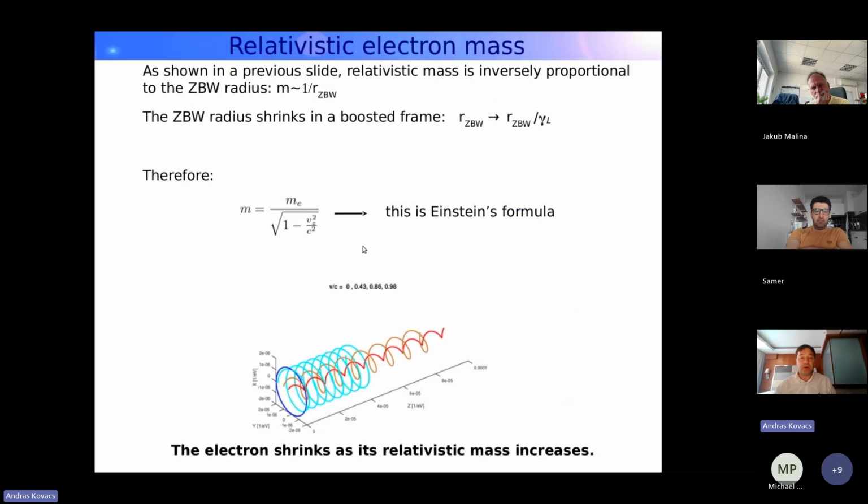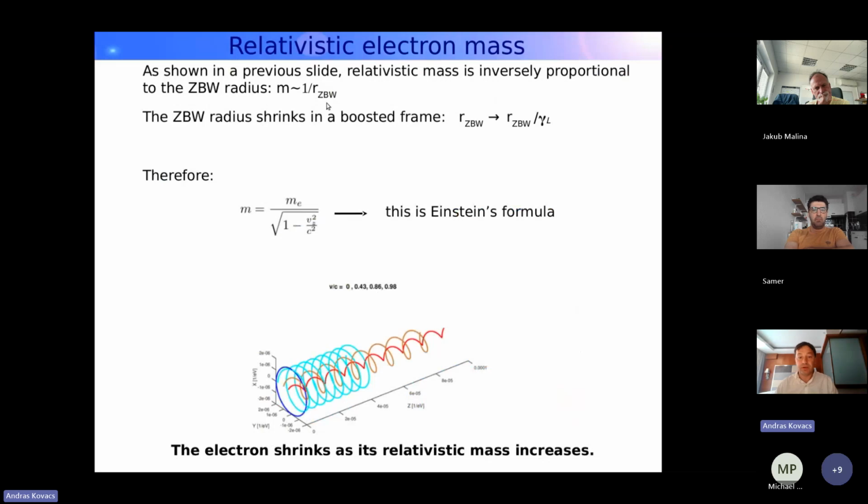Okay, so now on the one hand, we saw that a relativistic boost shrinks the electron Zitterbewegung radius by gamma L factor. On the other hand, from the magnetic energy calculation, we saw that the electron mass and magnetic energy is inversely proportional to the Zitterbewegung radius.